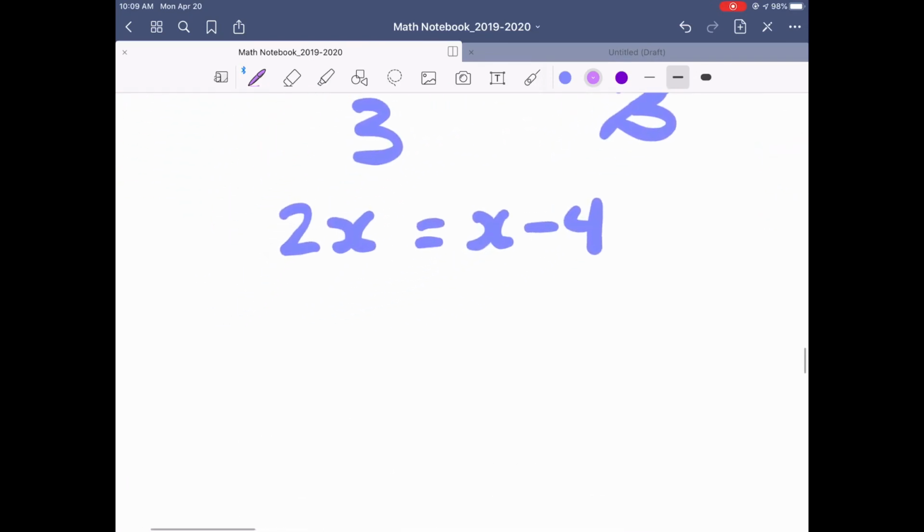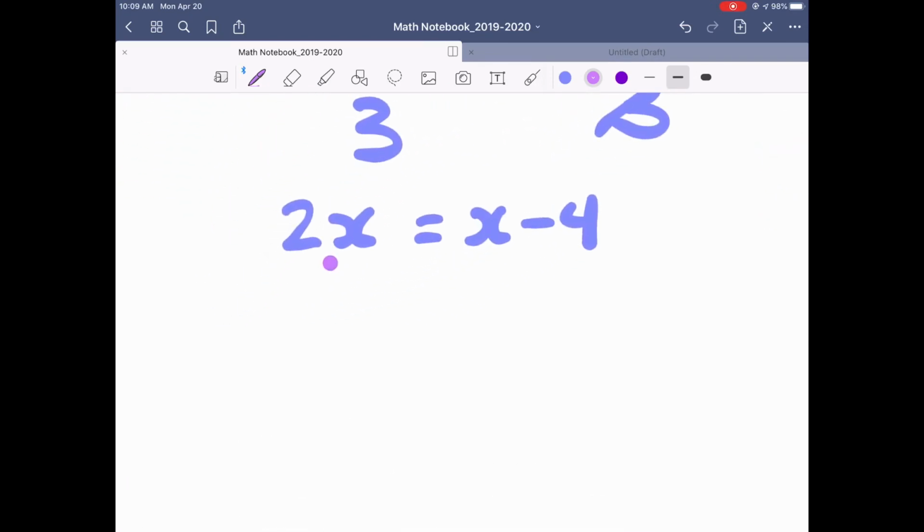Here, I can either move the 2x by subtracting 2x, or I can move the 1x to the left by minusing x, because it's a plus x here. Now, the easier one to do is to just do the minus x, because if we subtracted 2x, we would be left with nothing on this side. So we'd have to do double the work.